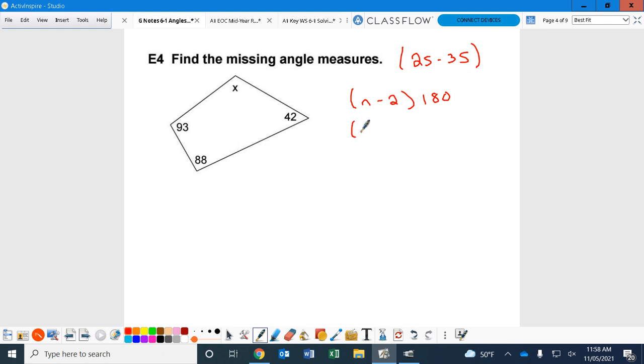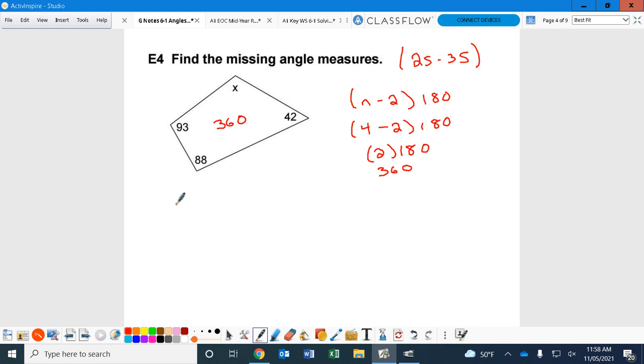Well, how many sides are there? 4. And 4 minus 2 times 180 is going to be 2 times 180, which would be 360. Now y'all know that every four-sided figure adds up to 360, but in case it's any other shape, you can use that formula. Okay, guys, this is a simple equation.